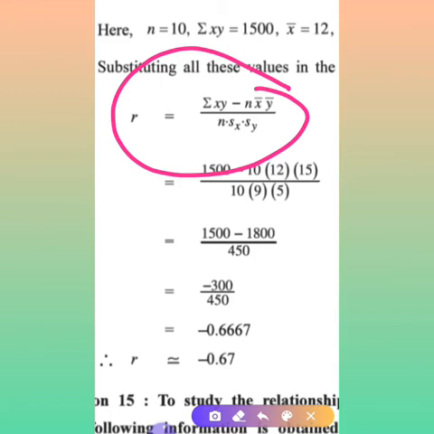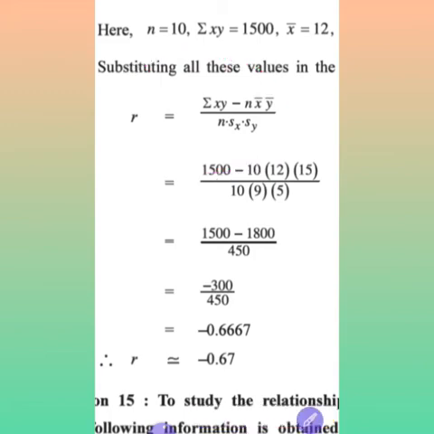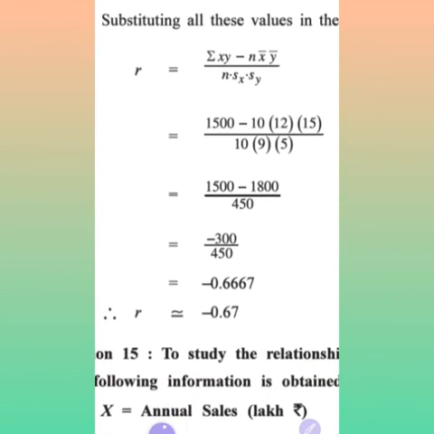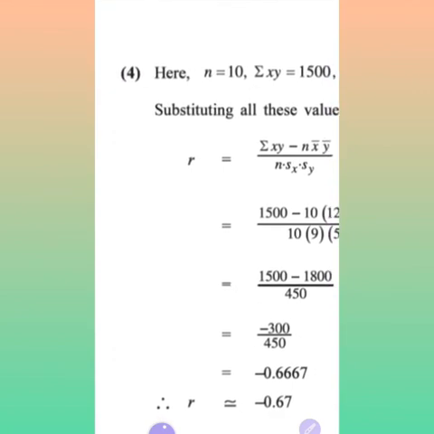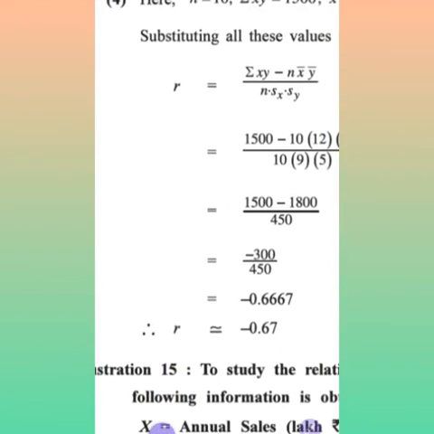Again, put all the values in this formula, solve it and get the answer. Your r is coming to minus 0.6667. Approximate value you are going to write up to 2 decimal places, that is minus 0.67. That is our fourth sum, and that is how we completed the 4 short sums.